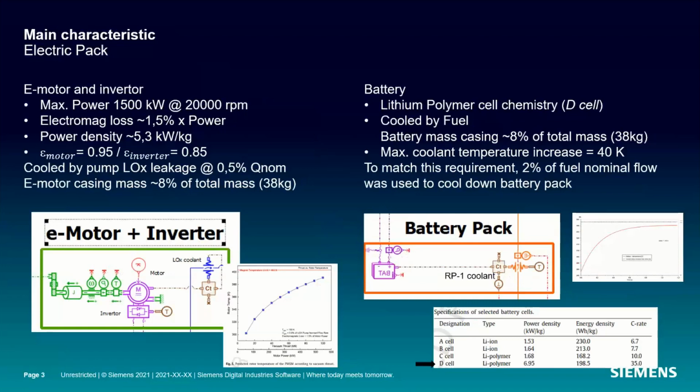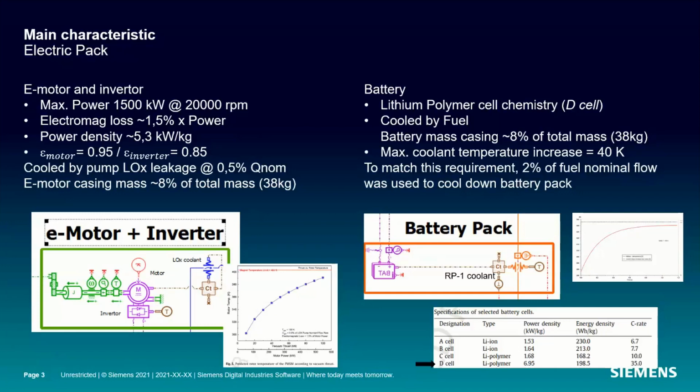So the main characteristics, when we were just looking at the electric design: these are the characteristics that we found from reference literature on the motor and inverter. It will have a max power of 1,500 kilowatts, at a specific 20,000 RPM. We want an electromagnetic loss of roughly 1.5% times the actual power.